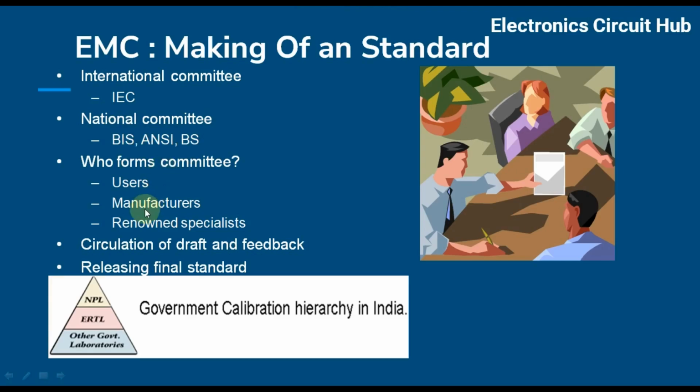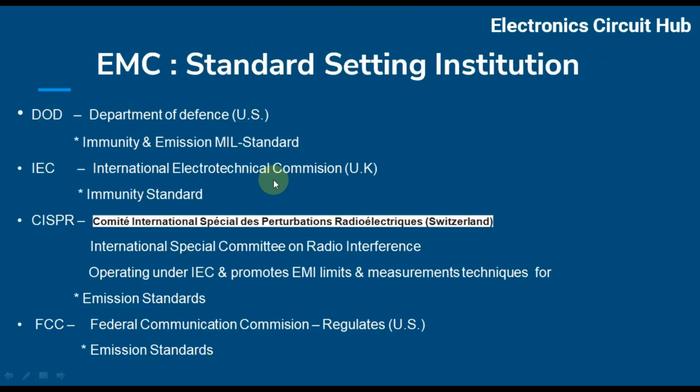Users, manufacturers and relevant specialists form the committee. They first draft the EMC standard, collect feedback from the users, manufacturers and specialists, and then release the final standard. This is like NPL and other government bodies in the calibration hierarchy in India, right? So that is how an EMC standard is made.